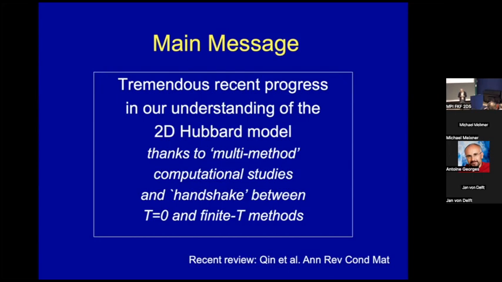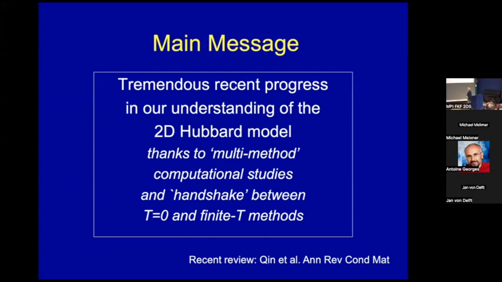The different points of view do not stem from the fact that we are not confident in one method versus the other, but rather that by combining these different points of view, we can actually unravel much more of the physical reality of this model.